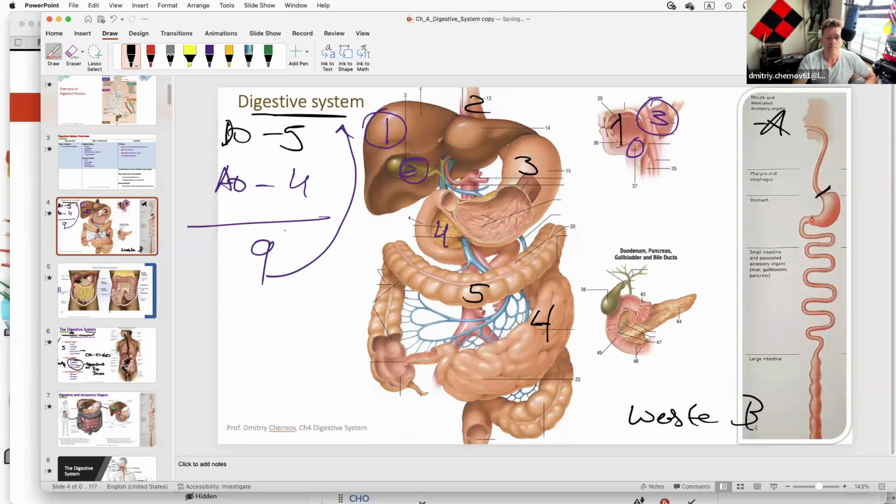Remember, from A&P 2, here we have sphincters, circular muscles that control propulsion, movement, and transit time. They can speed it up if they open, or if they are closed, squeezed, they will slow it down. And hormones can also act on organs to speed up or slow down.